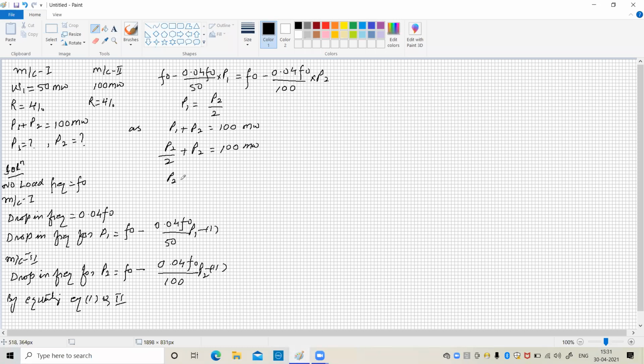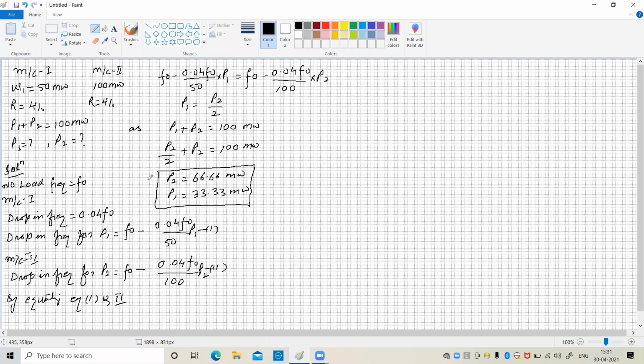Therefore, we get P2 is equal to 66.66 megawatt, whereas P1 is equal to 33.33 megawatt. So this is the load shared by the two alternators.